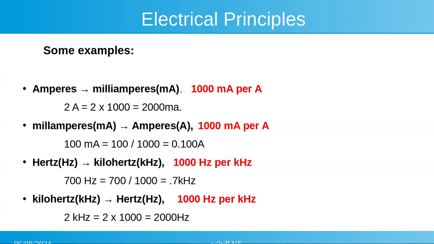If I wanted to go, say, hertz to kilohertz, I know that there's 1,000 hertz per kilohertz. So I'm going to divide hertz by 1,000 to get how many kilohertz it is, right? So 700 hertz is going to be 0.7 kilohertz.